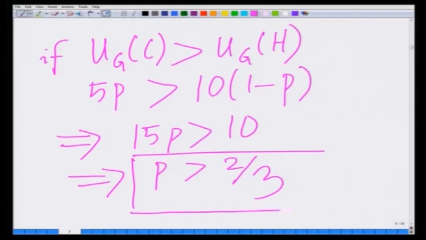So, follow this argument closely. If p is greater than 2 by 3, then 5 times p is greater than 10 times 1 minus p. Therefore, the payoff to the girl for choosing cricket is always greater than the payoff to the girl for choosing the Harry Potter movie.